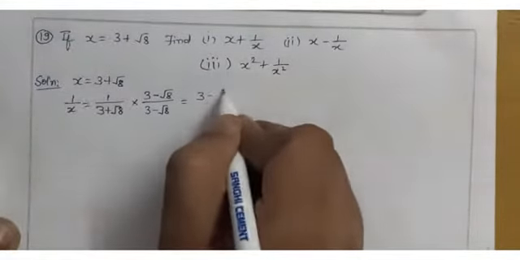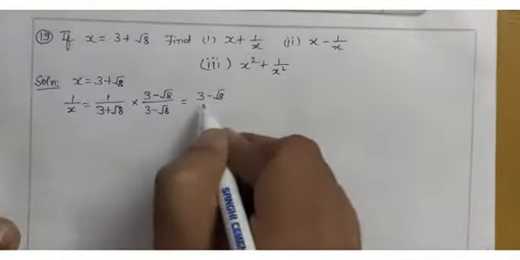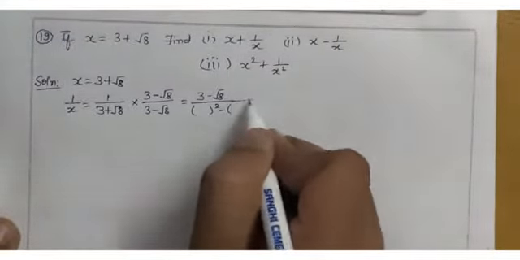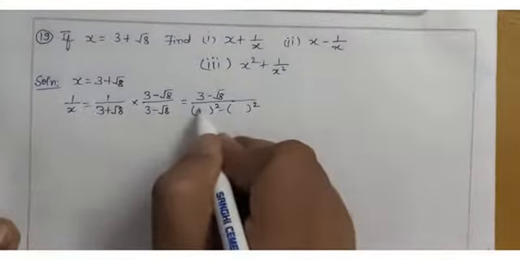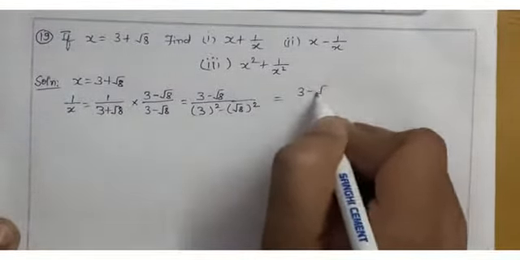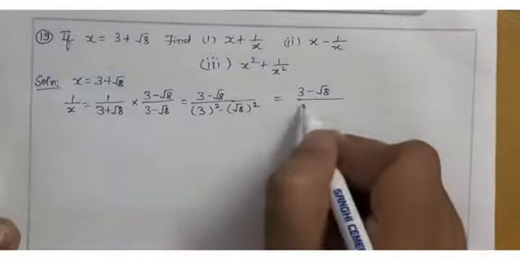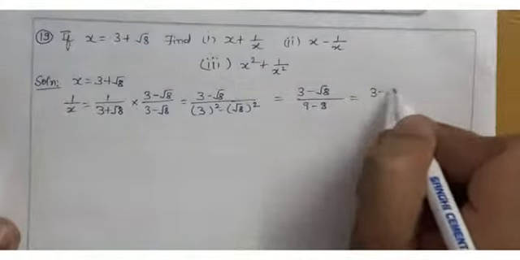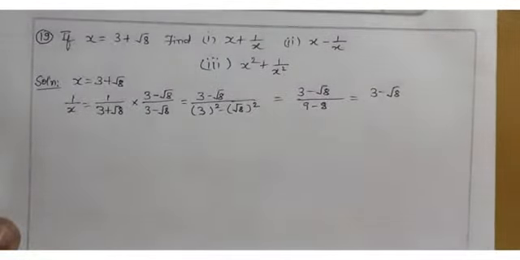The numerator will be the same, 1 into this. The denominator is a square minus b square. A is 3, b is root 8. This is 3 minus root 8 upon 3 square is 9 minus root 8 square, so 3 minus root 8.